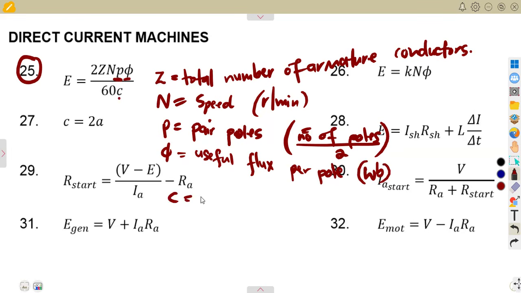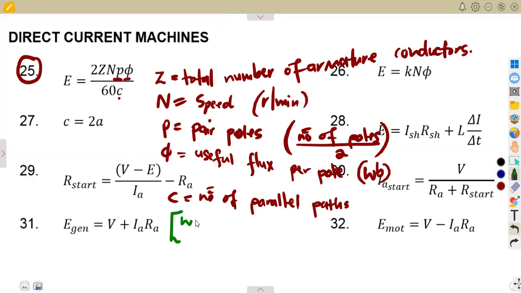This C is about the number of parallel paths that you are given, and it is going to be affected by whether it is a wave wound or a lap wound. These are the two things that will affect our C.